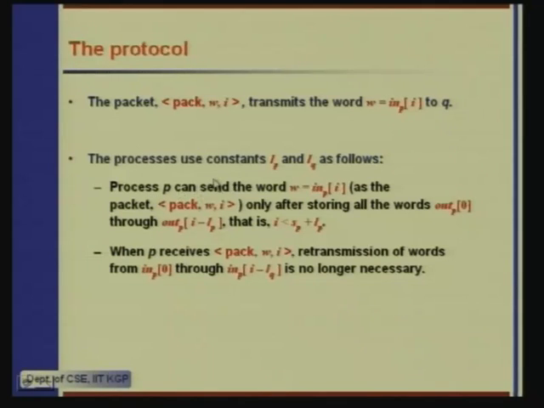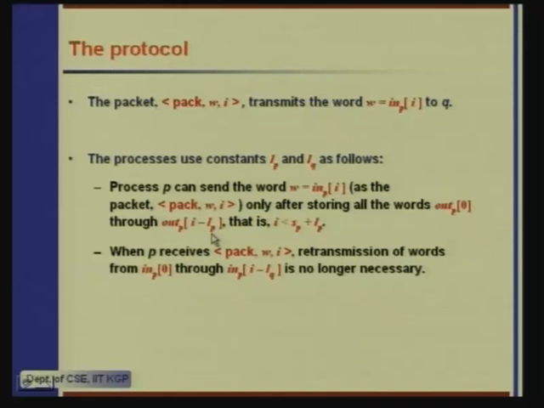So, how is that synchronization taking place? We are saying that process P is allowed to send the word in pi only when it has received all words from out p 0 through out p i minus LP, where LP is a parameter. Okay. LP is a constant. We will choose the value of LP for the protocol. Okay.